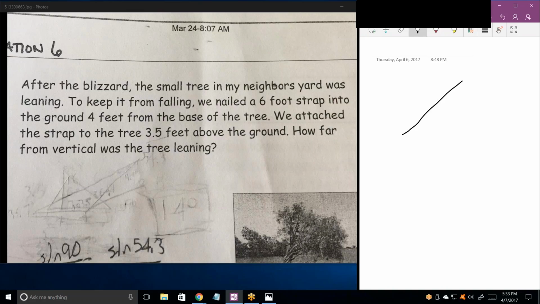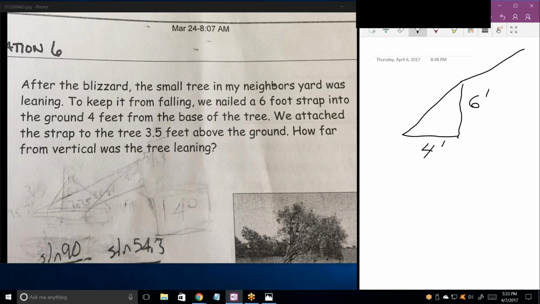So let's do that. They nailed a 6-foot strap into the ground 4 feet from the base. So what they really mean is that there's the 6-foot strap and it's 4 feet from the base. Okay. We attached the strap to the tree 3.5 feet above the ground.